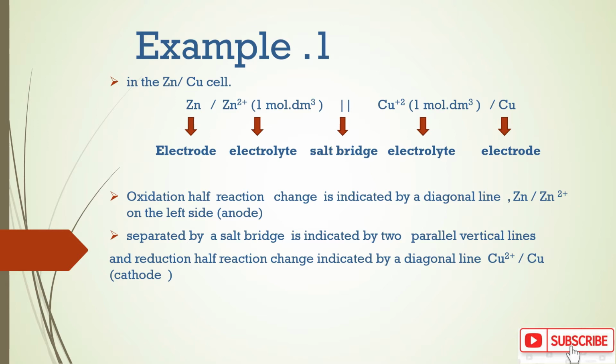The salt bridge is indicated by 2 parallel vertical lines, and the reduction half reaction on the right, the change is indicated by a diagonal line. So it means copper 2 plus diagonal line copper: copper ions are reduced into copper. Then we know that reduction occurs at the cathode.